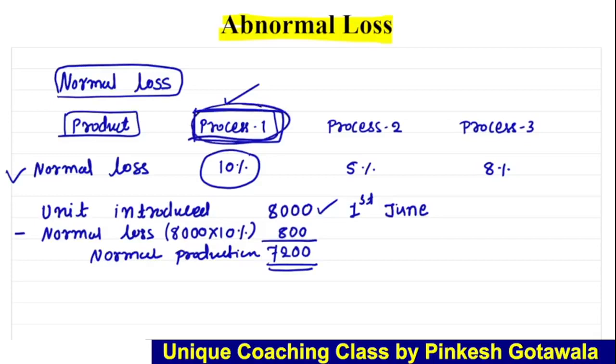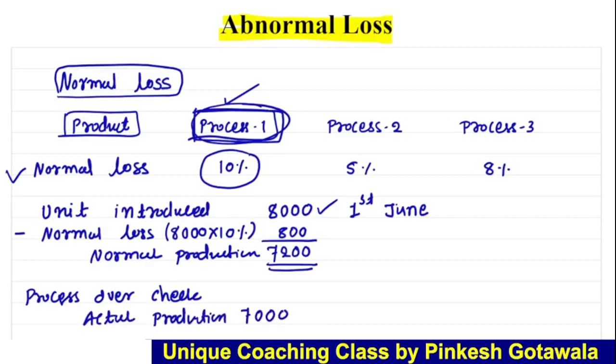So when the process is over, they check how much production we get. Suppose they get 7,000 as the actual production.